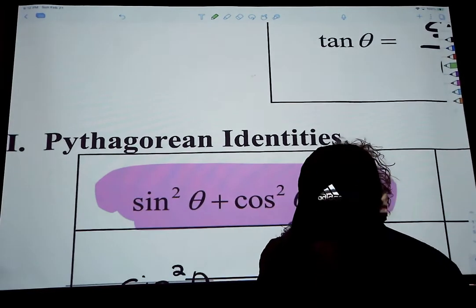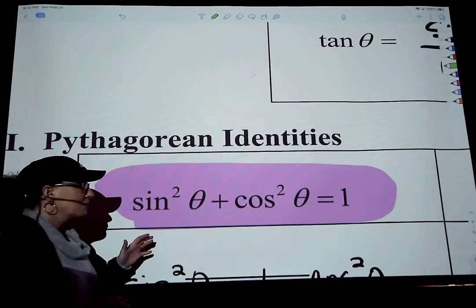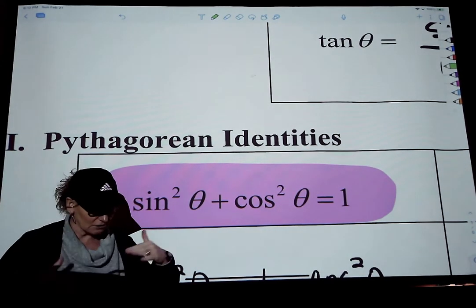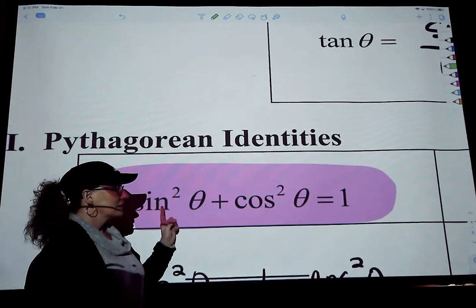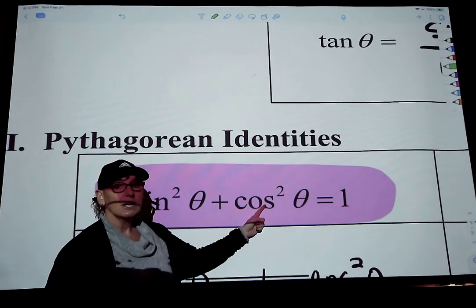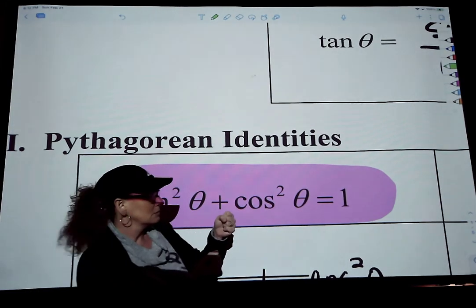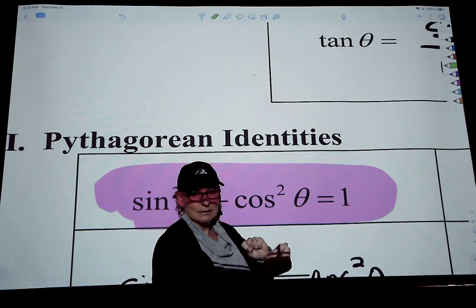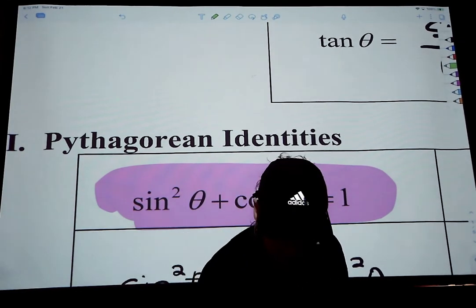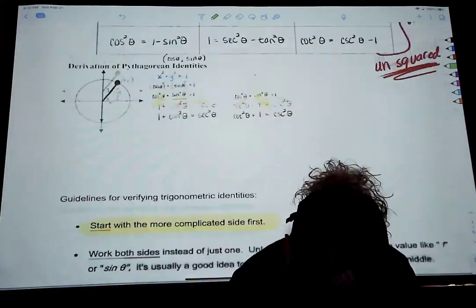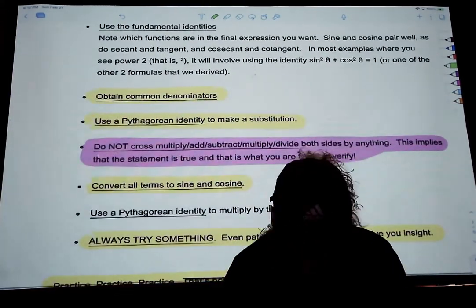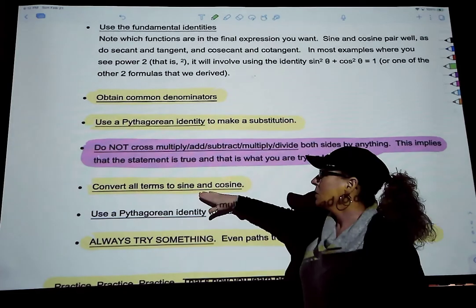Well, here's one thing we could do. If you ever, in the midst of doing these problems, run across sine squared plus cosine squared, you can pull that out. Guess what you're going to put in its place? A 1. Pythagorean identities for substitutions. I'll come back to this in a minute.